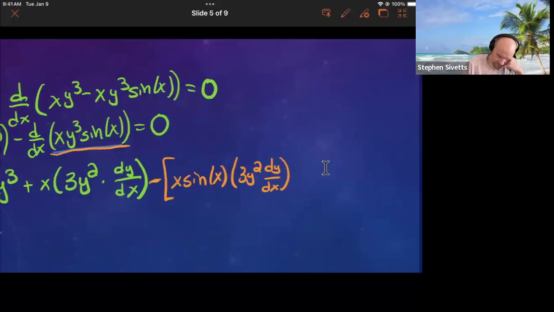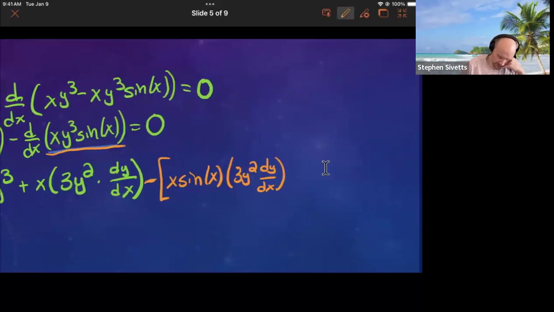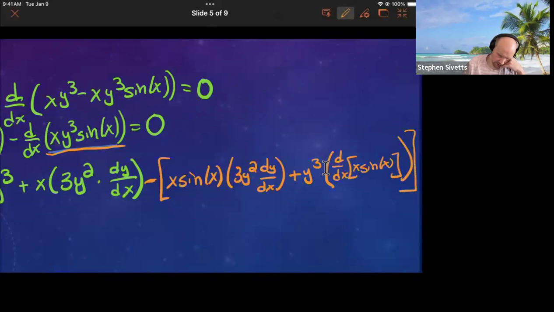Okay. And we'll have a plus y cubed times the derivative of x times sine x. So we have to use the product rule there as well.